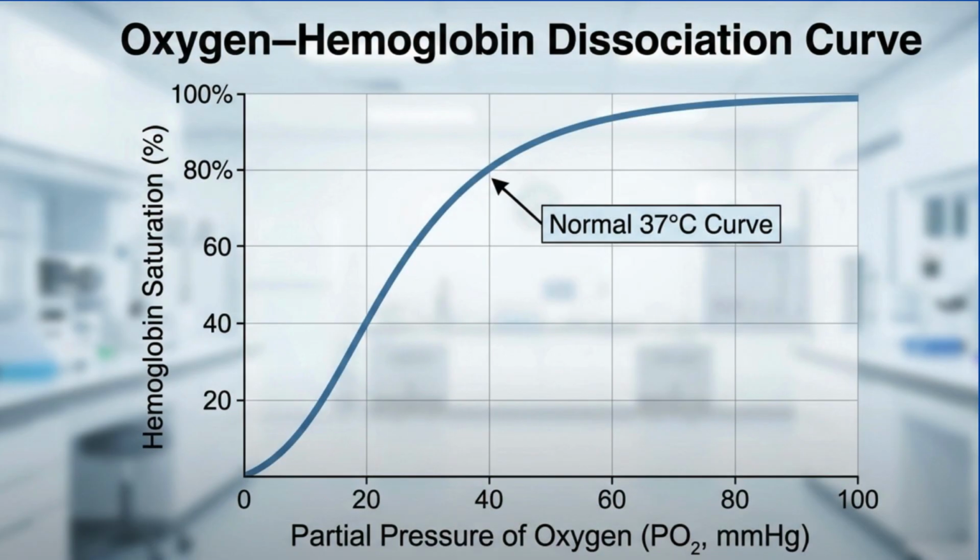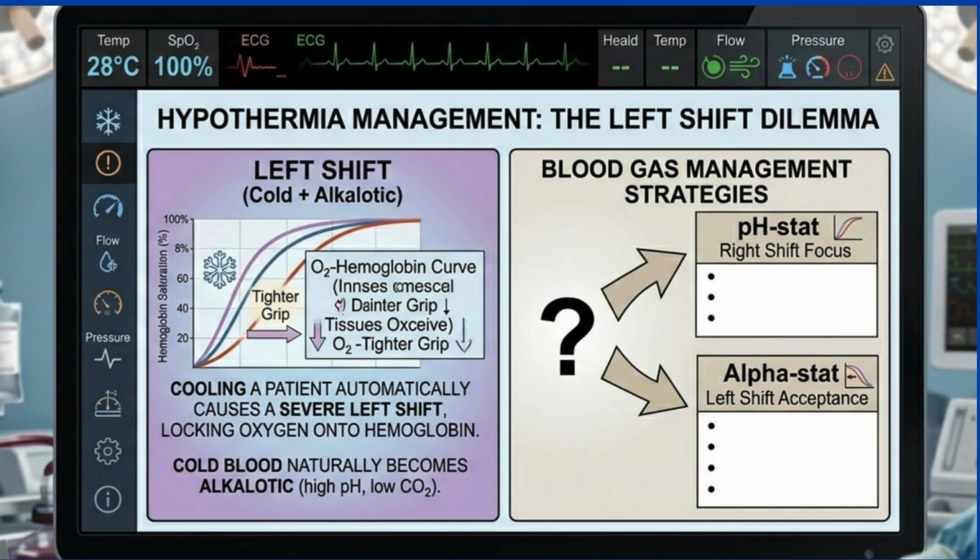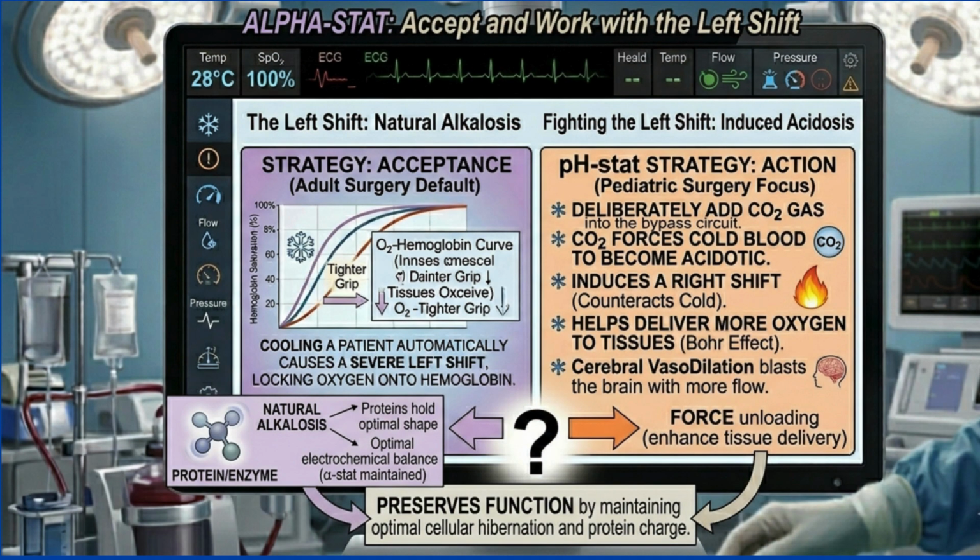Now we come to one of the most important consequences of hypothermia. The oxyhemoglobin dissociation curve shifts to the left. As temperature falls, hemoglobin affinity for oxygen increases. For any given oxygen tension, hemoglobin holds oxygen more tightly. At first glance, this sounds beneficial.